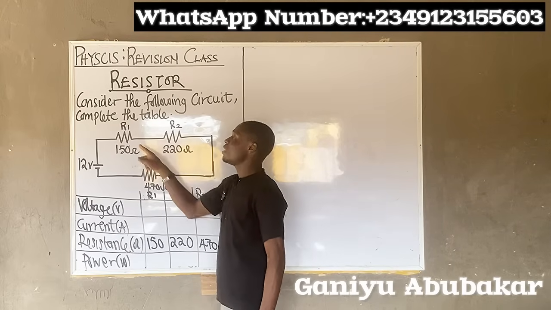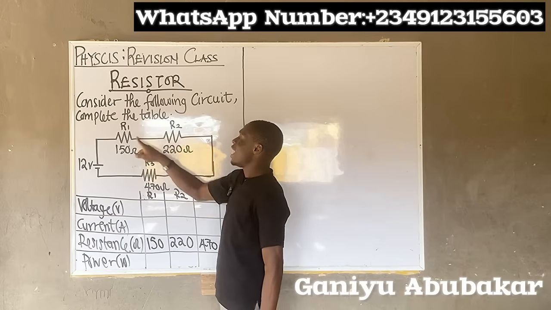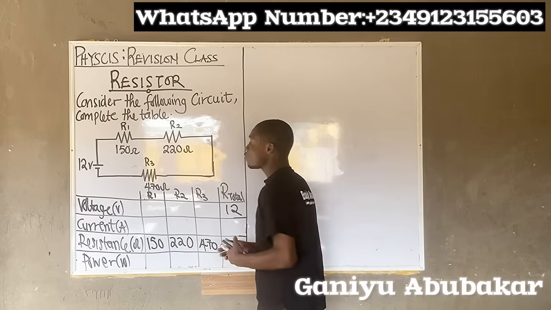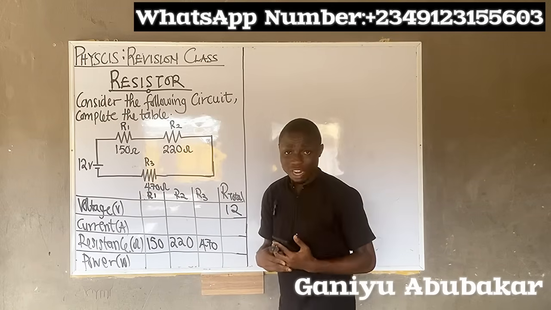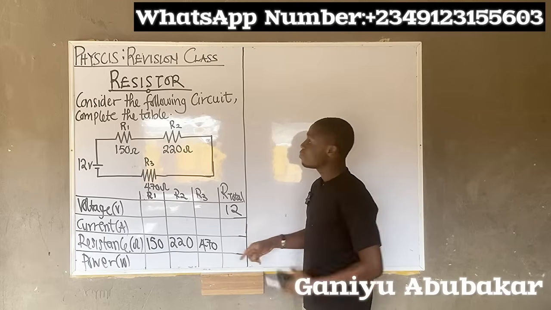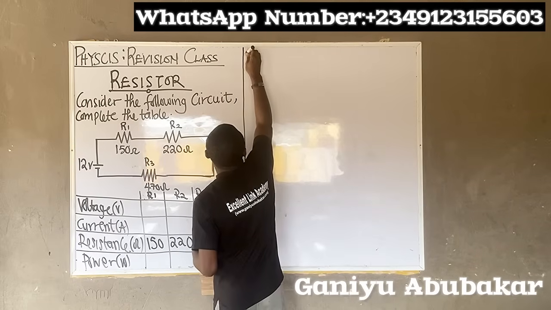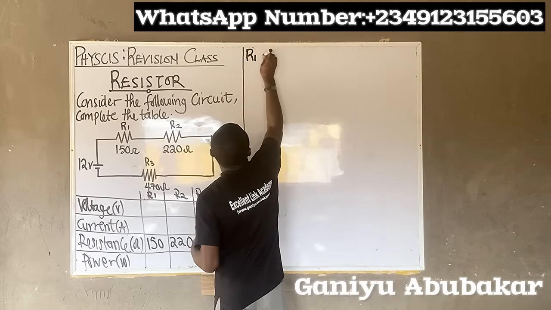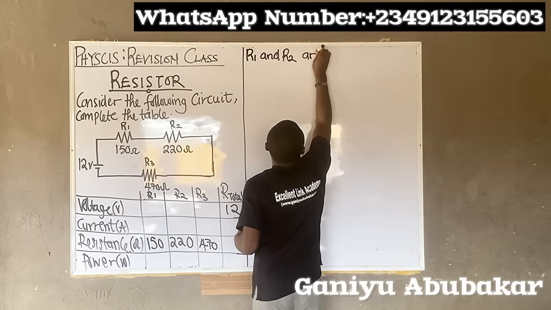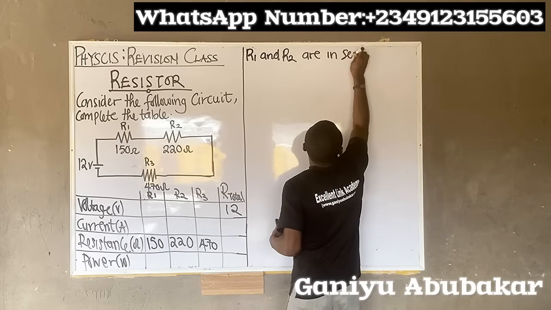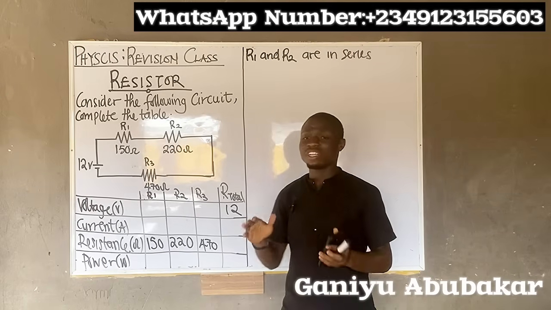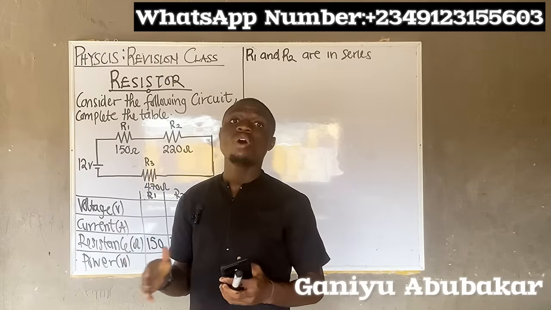because series is simply end-to-end. So this is an end-to-end connection of the resistors. In this case, I want to find my R equivalent, my R total. Since R1 and R2 are in series, what's the formula for a series arrangement of resistors?